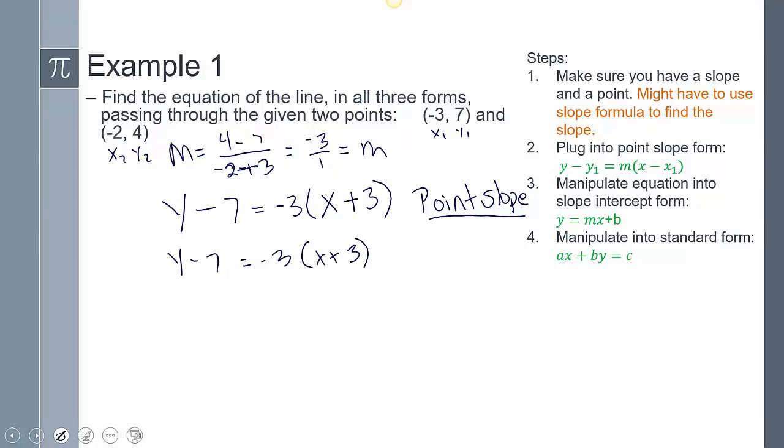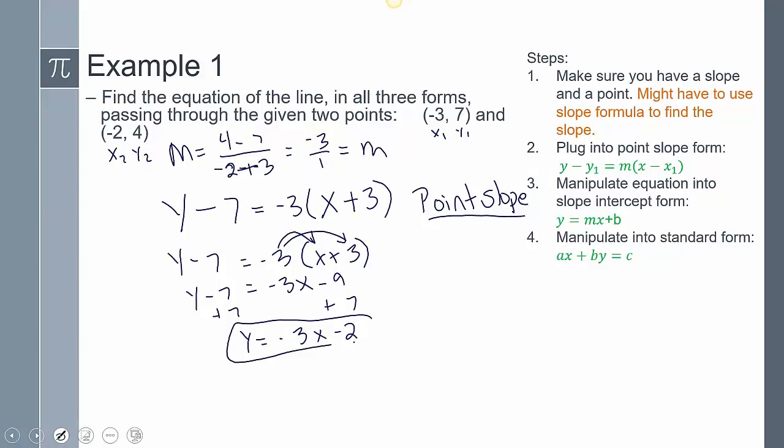The key here is in slope intercept form, y is by itself. So I want to distribute this -3 through, so I get -3x minus 9. I'm going to add 7 to both sides, and I'm going to get y equals -3x minus 2. This right here is my slope intercept form.